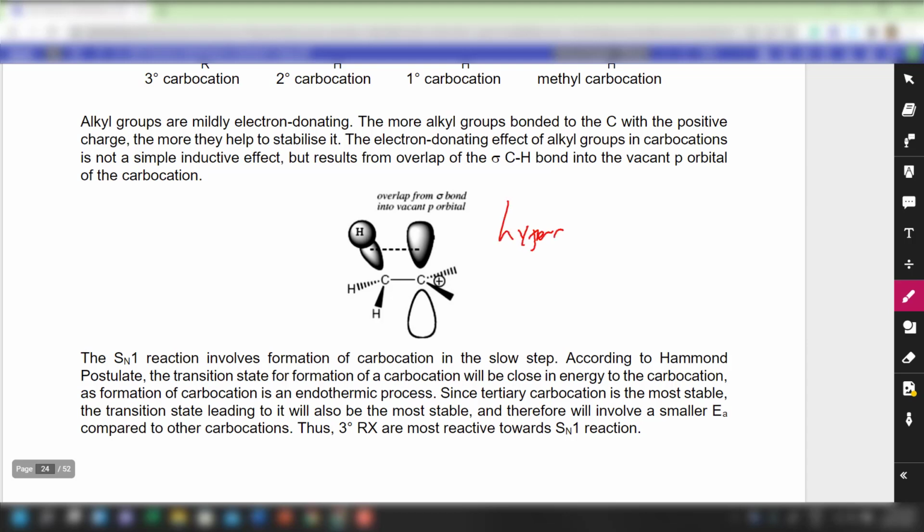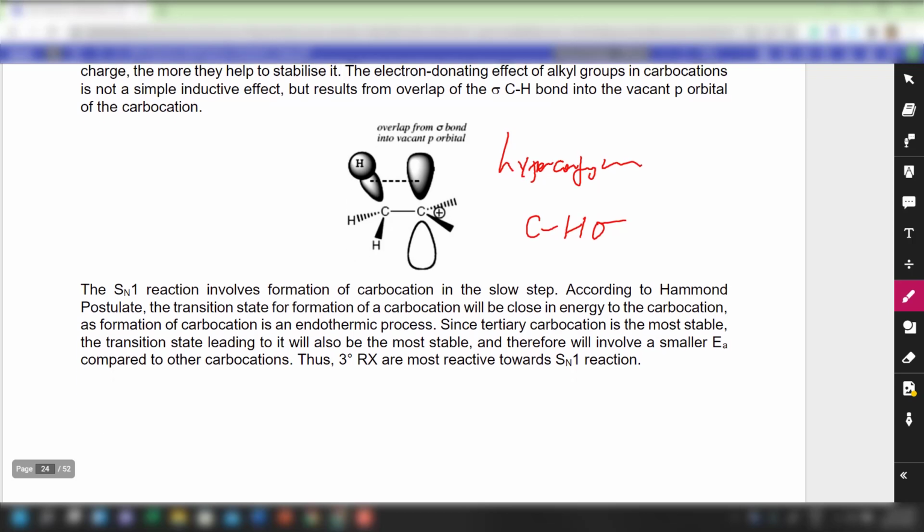In the words of molecular orbital theory, we say that the C-H sigma bond will partially interact with the empty p orbital, and in the course of this interaction, it will generate a new set of MOs. In this new set of MOs being generated, the C-H will be slightly more stabilized.